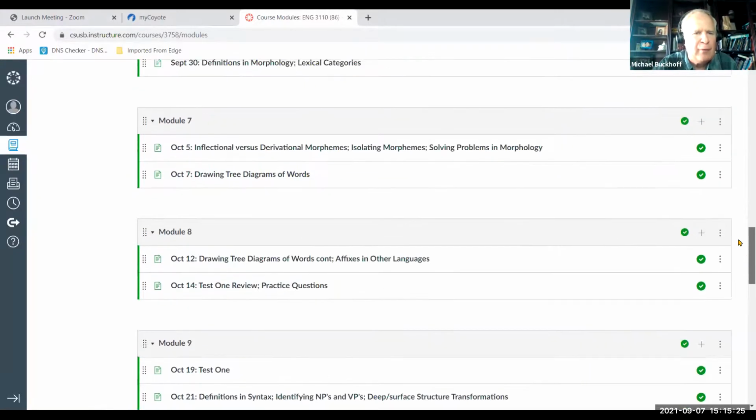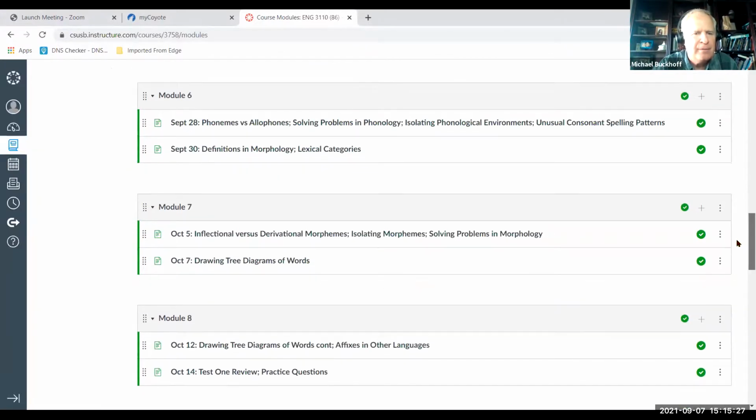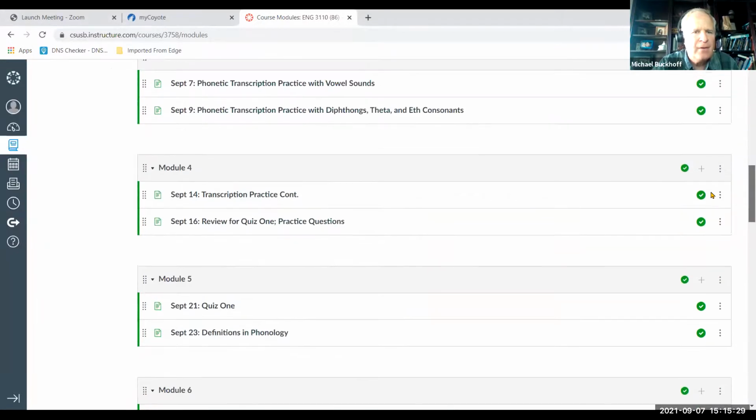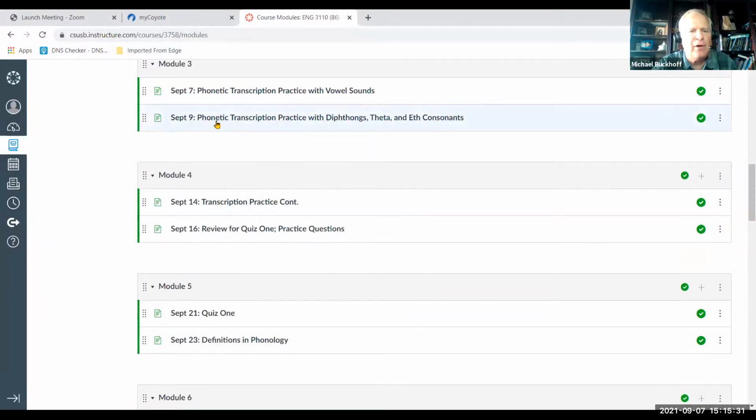But you can see before we get to that quiz, we still need to do this. So it looks like on Thursday, we're going to focus on the diphthongs, the theta, and then the eth consonants. That's what we'll be doing there. We have a little bit more transcription practice. Then we have a review for the quiz here, and then we'll have our quiz.